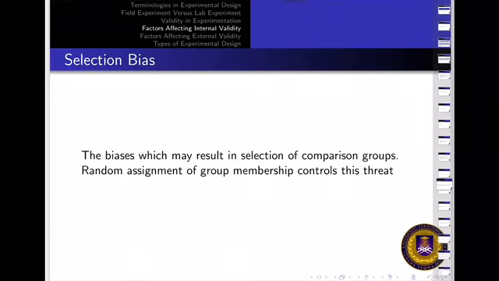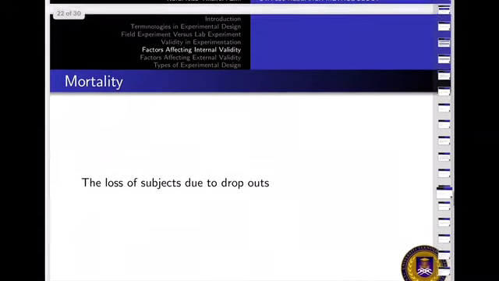Sometimes we choose our respondents not randomly. We feel that this person can answer the questions, or we think that it's easy to choose this particular person to be our respondent. So therefore you can use the random assignment of group membership to control this trait.